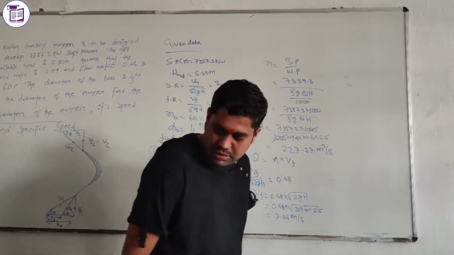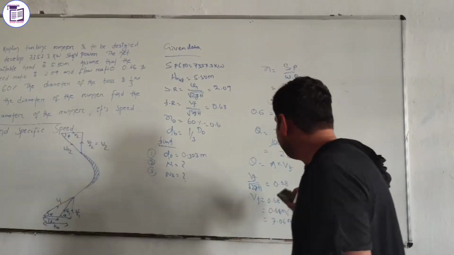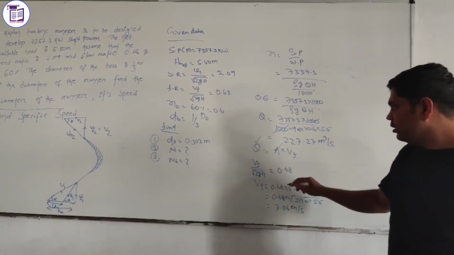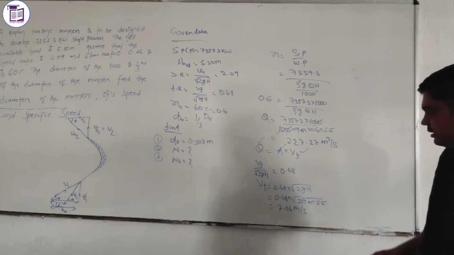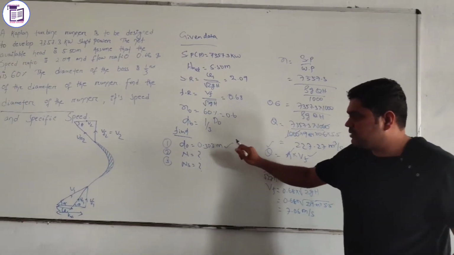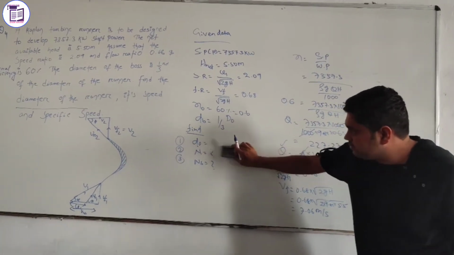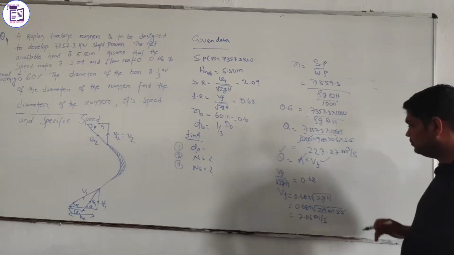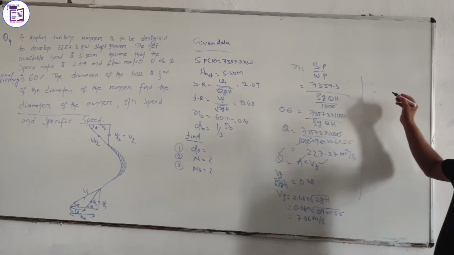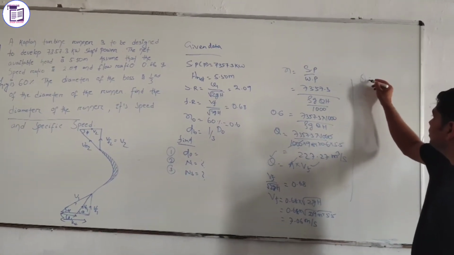Now you already know you have to find the D value from this. You know the value of Q and you know the value of flow velocity. Using this you can find the outer diameter. So Q is equal to area into velocity.